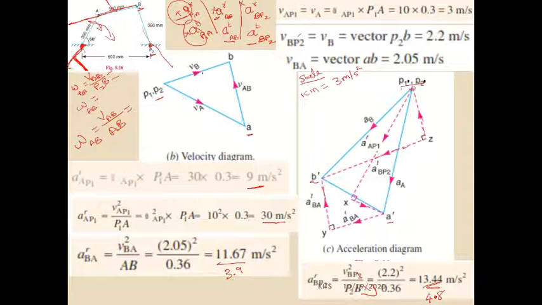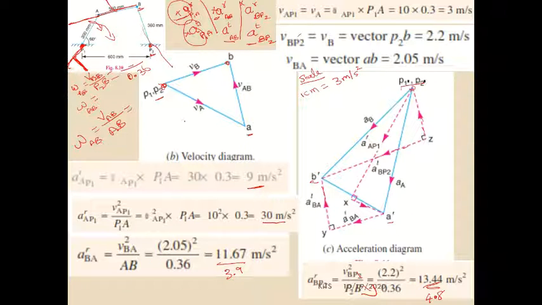From the velocity diagram, you just measure the distance of P2B. You measure this distance and write it here, divided by the length of P2B. P2B is 360 mm, that is 0.36 meter. Write down this P2B value here and divide by 0.36, you will get the angular velocity of P2B.